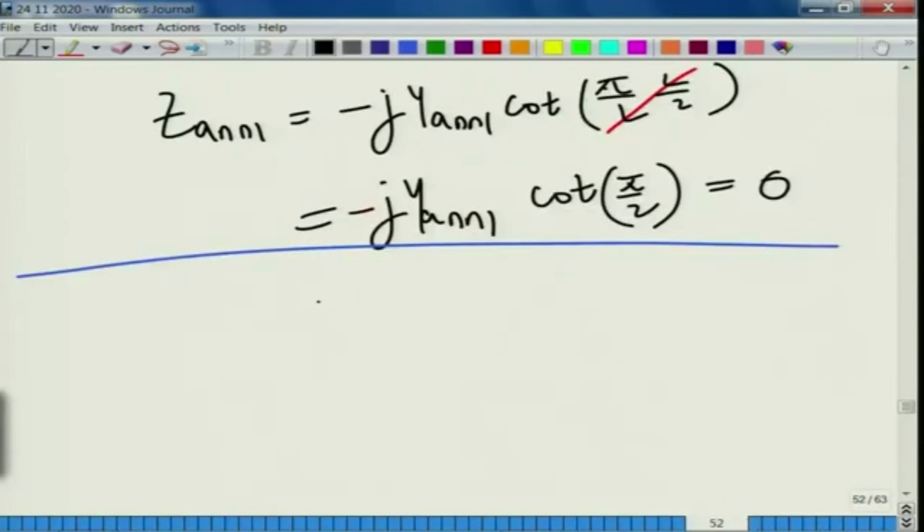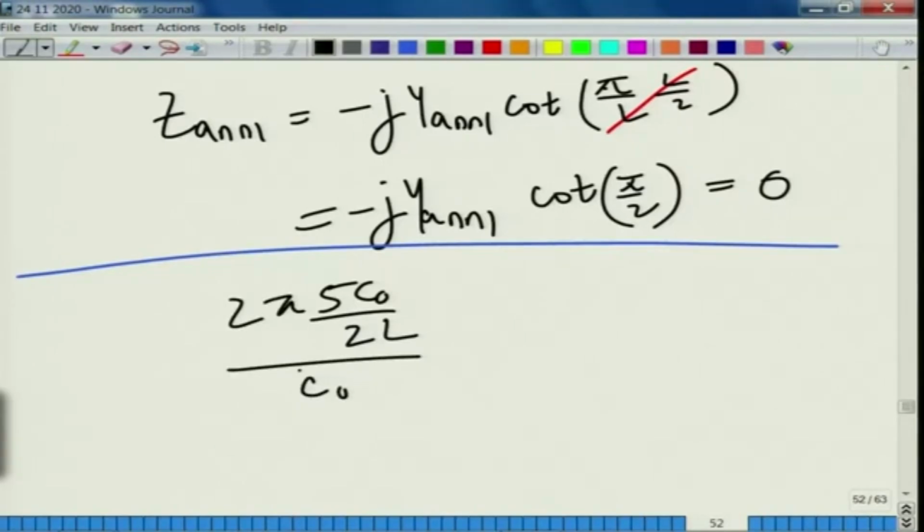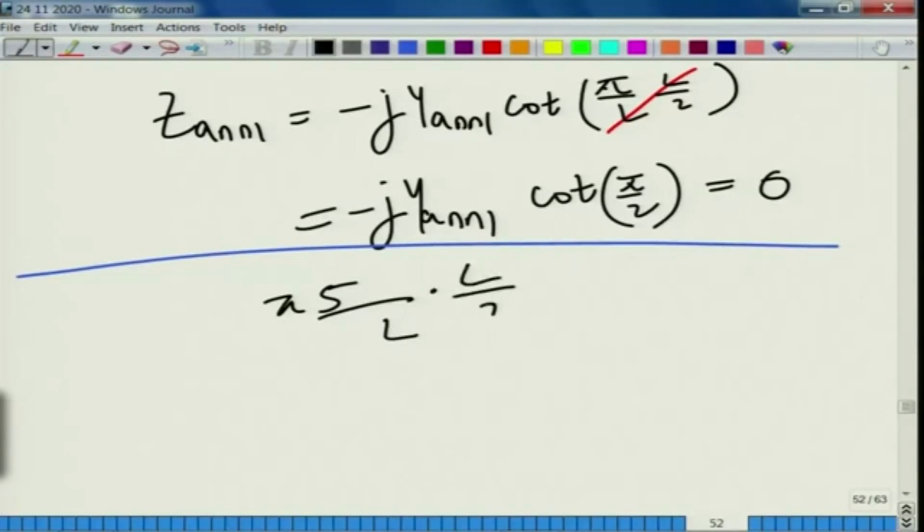So, if you have 5 C naught by 2L and 2 pi f by C naught, C naught obviously is cancelled and 2 is gone. Then the term that you have on this side is L by 2. So, L is cancelled and you get 5 pi by 2.